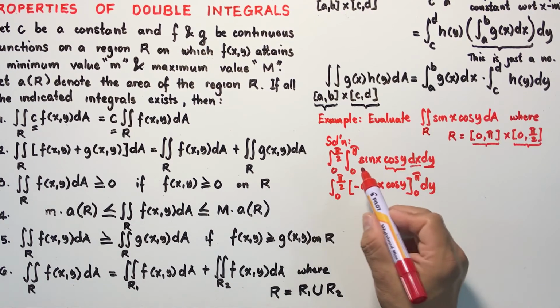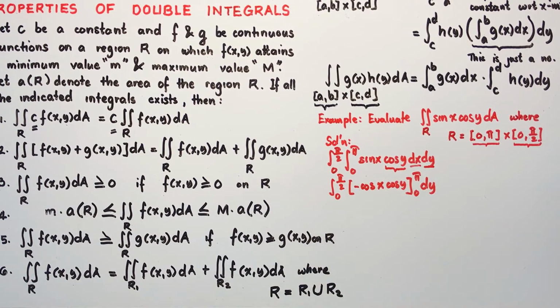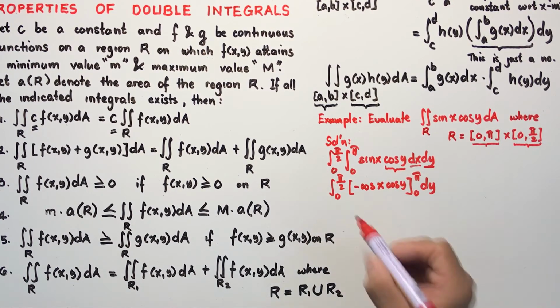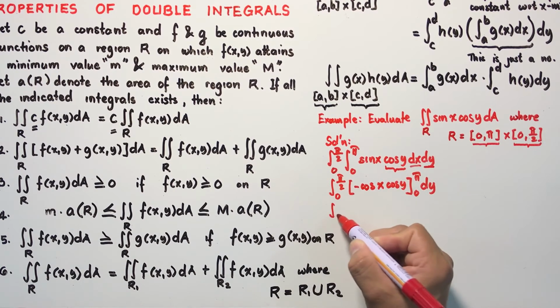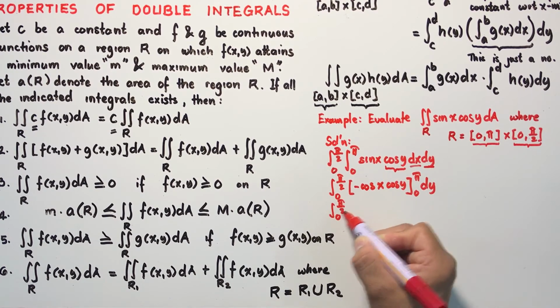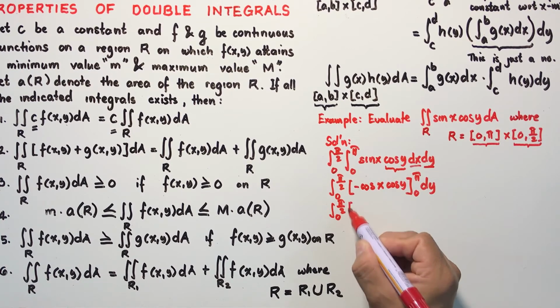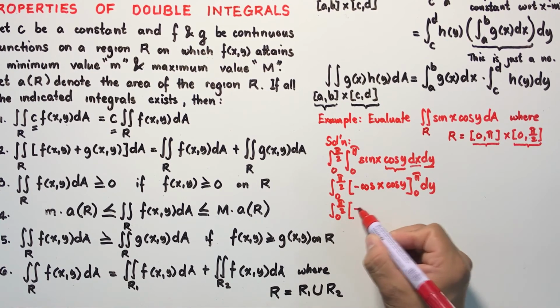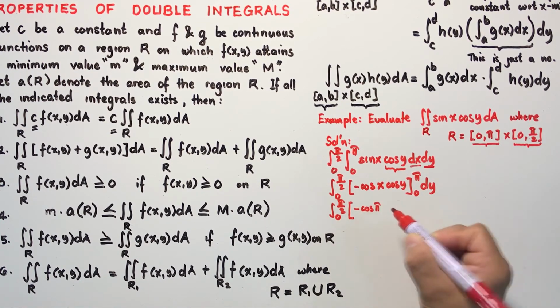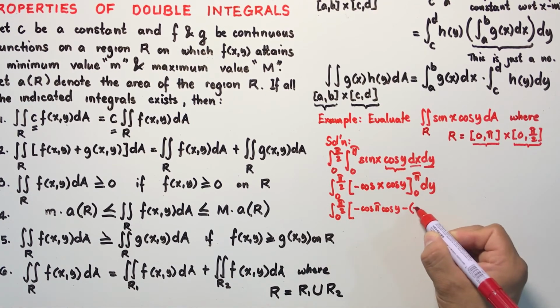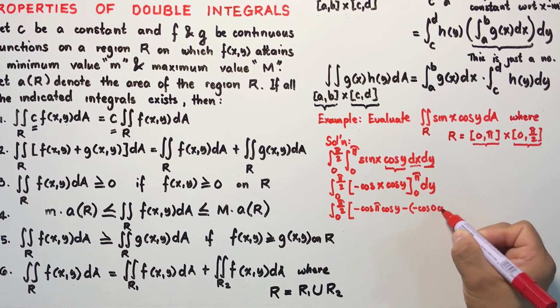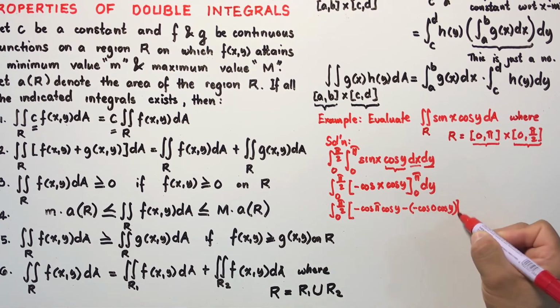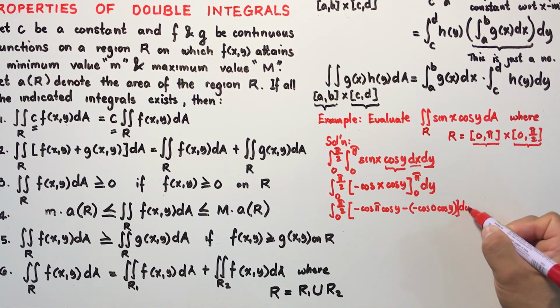And the integral of sine x is negative cosine x. Then evaluating this one from 0 to pi, we have negative cosine pi cosine y minus the negative of cosine 0 cosine y there dy.